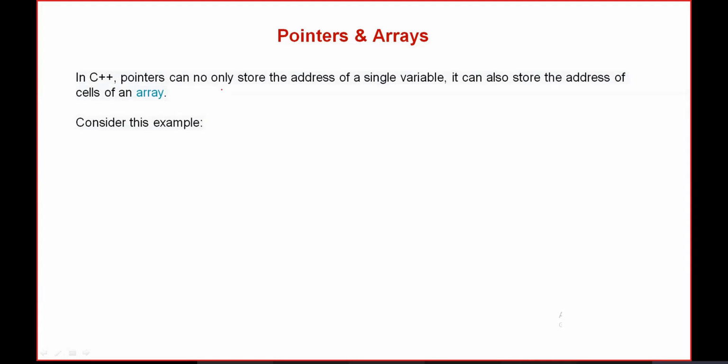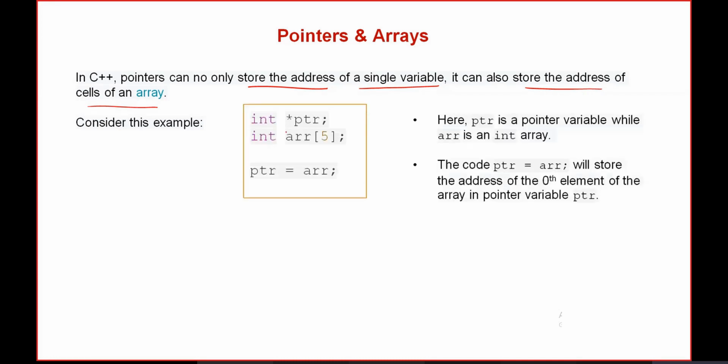But pointers can not only store the address of a single variable; now we can use a single pointer to store the address of different cells or elements of an array, right? So just see this example. We have a pointer ptr and we have an array of 5 elements, right?